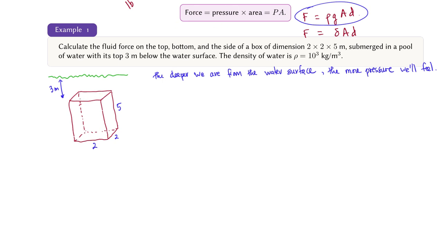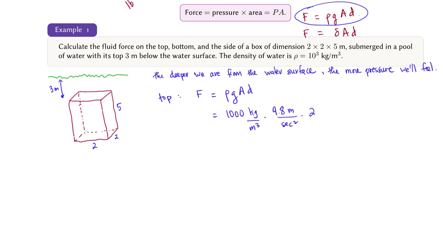The force is the pressure times the area, but the pressure is constant at the top of the box. And so the force is rho g A d. Rho is the water density, 1000 kilograms per cubic meter. g is the gravity, 9.8 meters per second squared.